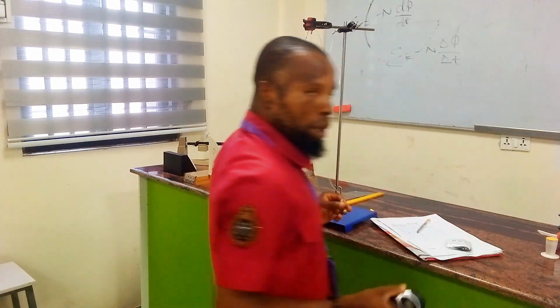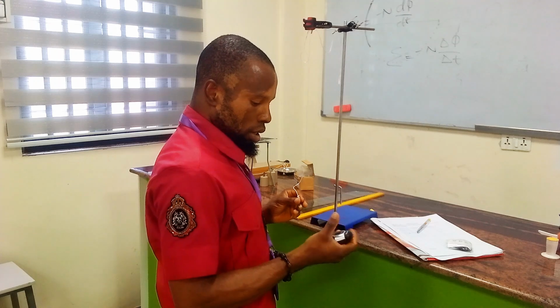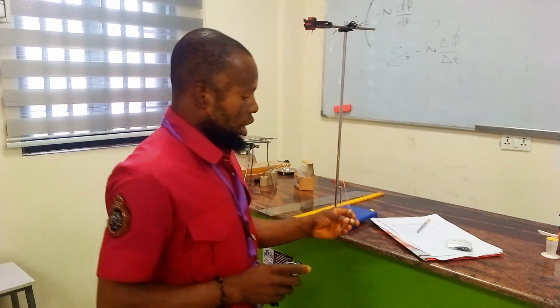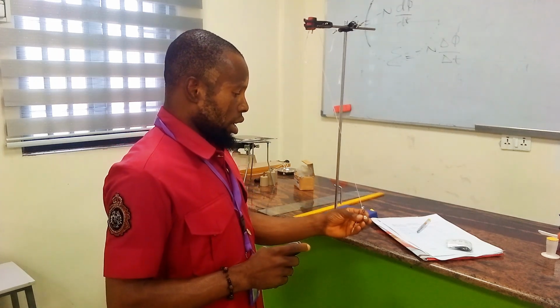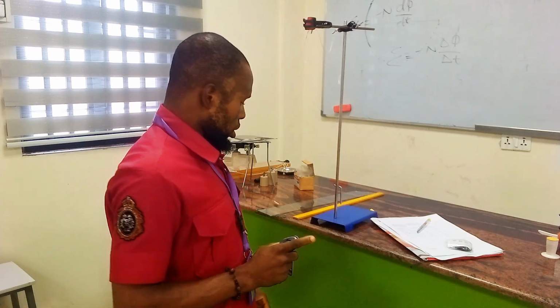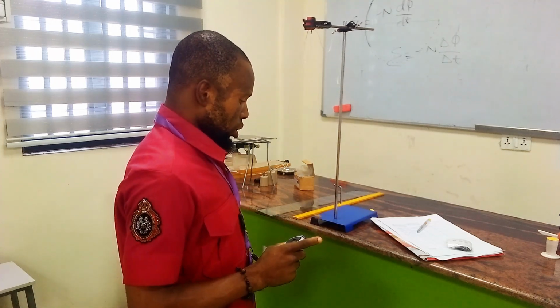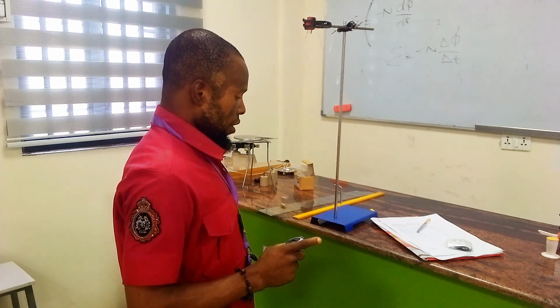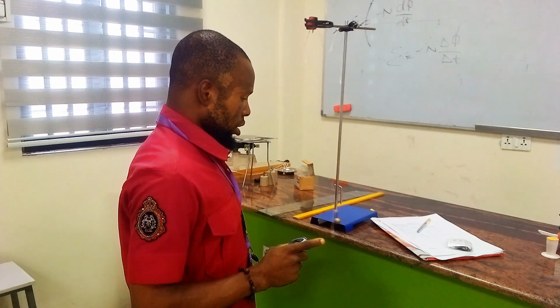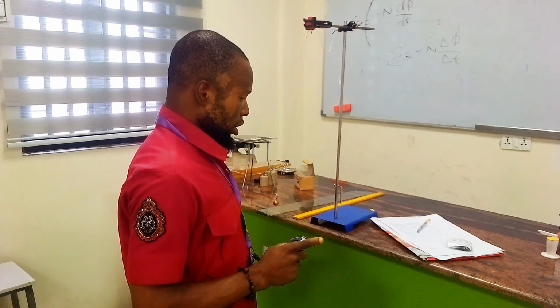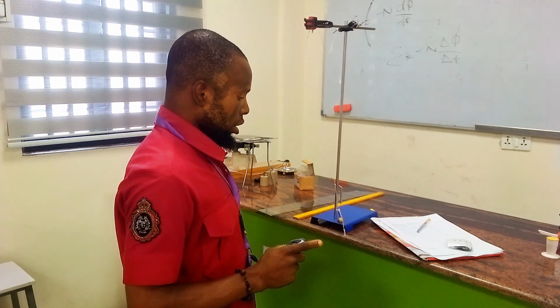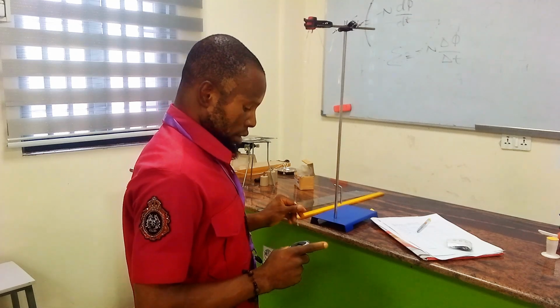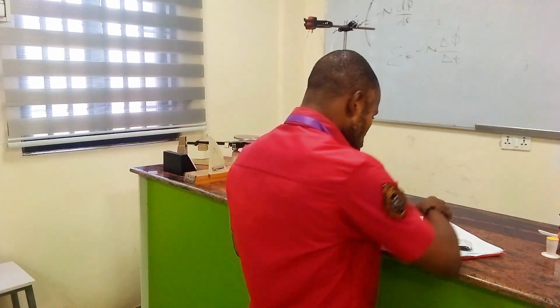Then I will do it again, reset the timer, then I will displace it again a little. 1, 2, 3, 4, 5, 6, 7, 8, 9, and 10. I will record the second time to be my T2.